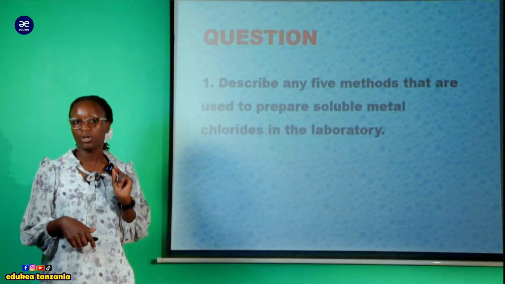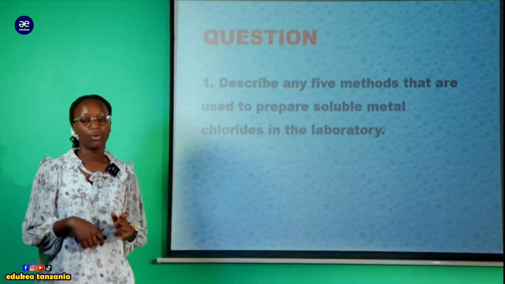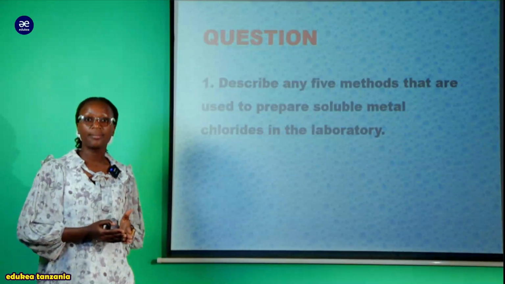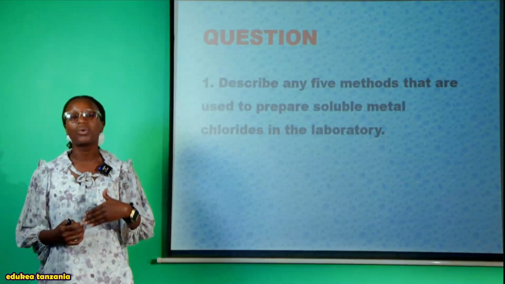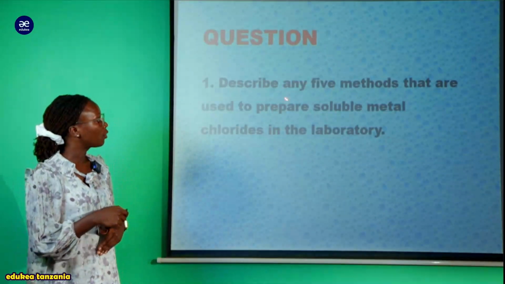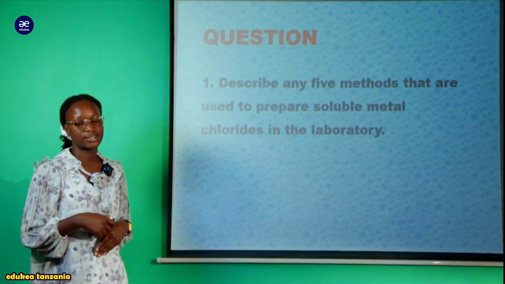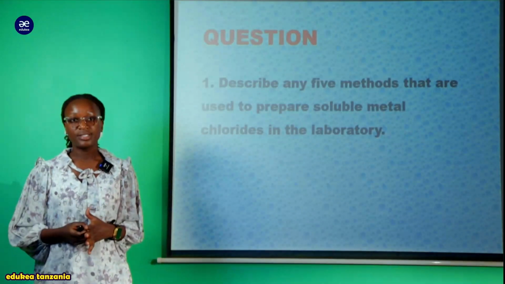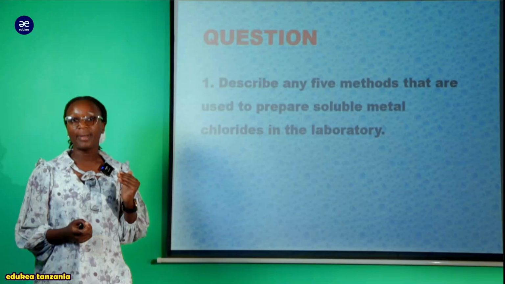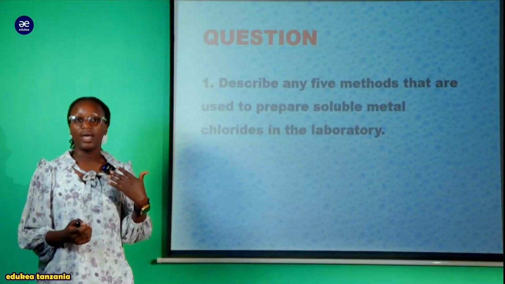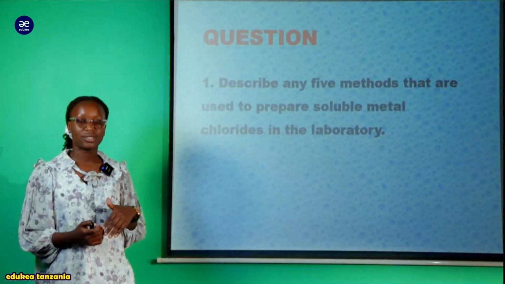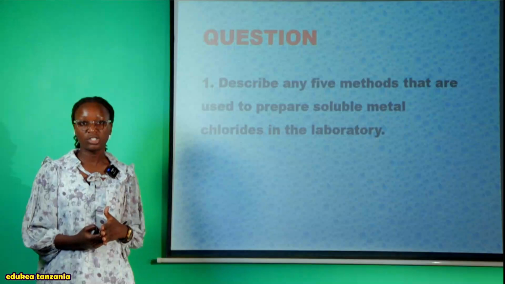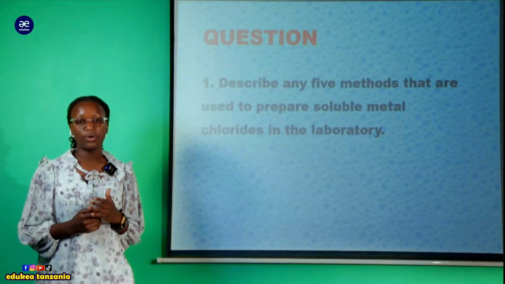Lakini hizo metal chloride make sure are soluble, because sometimes there are soluble lakini pia kuna insoluble. So here amekwambia soluble metal chloride. So my students, tutaenda sasa kuona hizo methods ambazo zinaweza kuwa suitable for making the preparation of the soluble metal chloride.